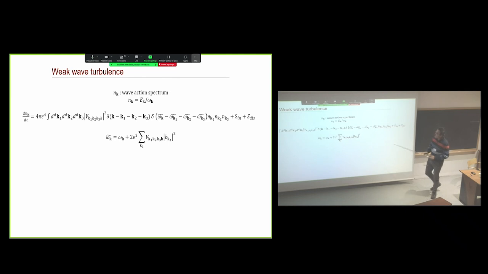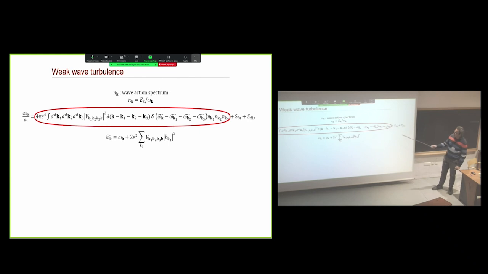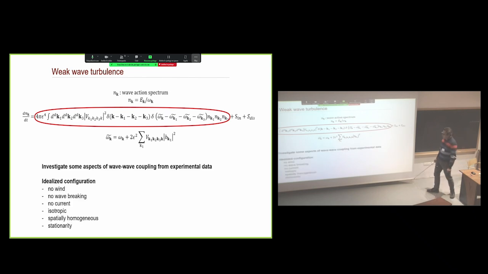So just let me start from this equation as usual. I will focus on this nonlinear term, and when you go to the lab, we have to simplify the system. Otherwise, it becomes almost impossible to do anything. And I will oversimplify all of it.